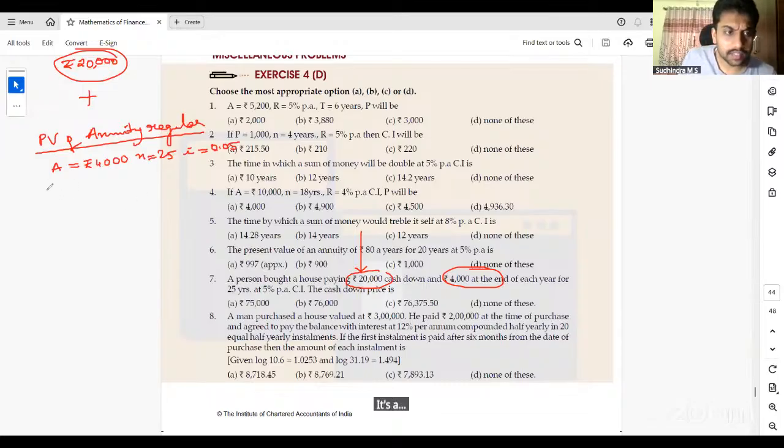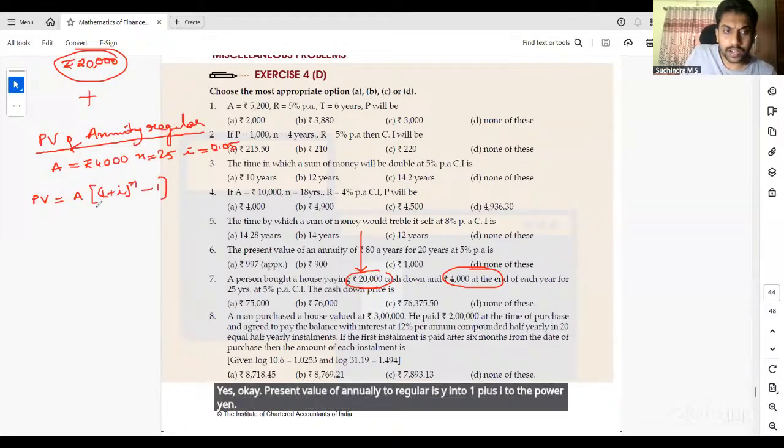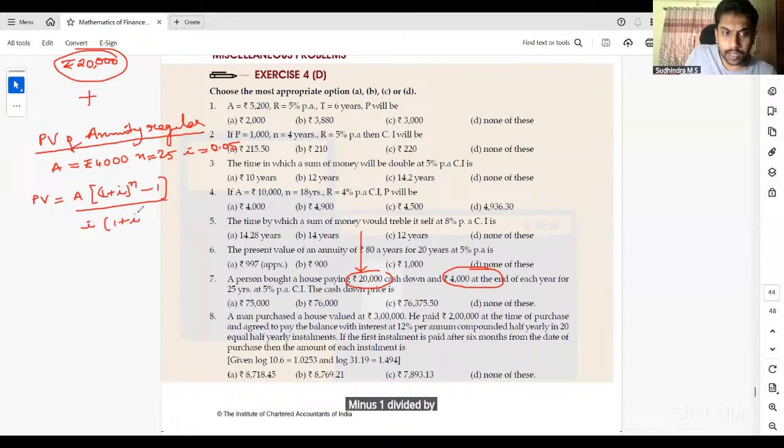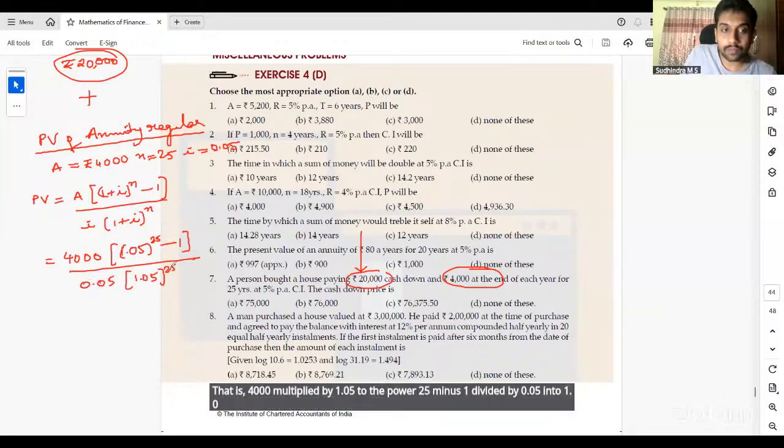Yes, sir. Okay. Present value of annuity regular is A into 1 plus I to the power N minus 1 divided by I into 1 plus I to the power N. That is 4,000 multiplied by 1.05 to the power 25 minus 1 divided by 0.05 into 1.05 to the power 25.